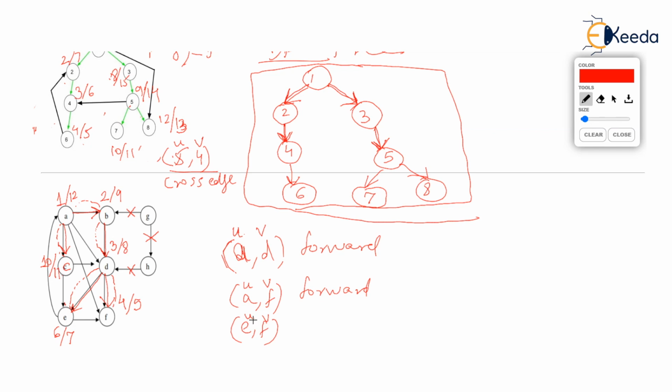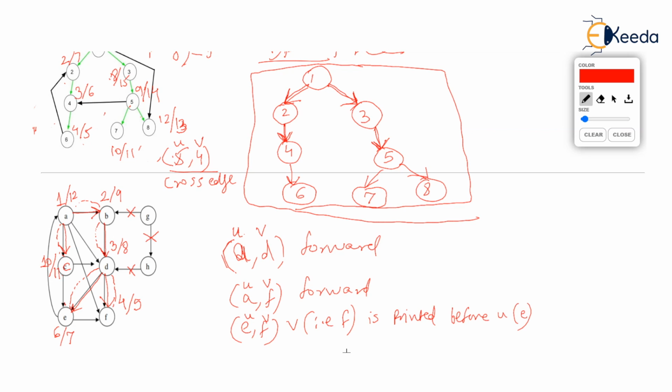I'll better write it. V, that is F, is printed or discovered before U, and U is E. So it can be a back edge now. It cannot be a forward edge, or it can be a cross edge, isn't it?